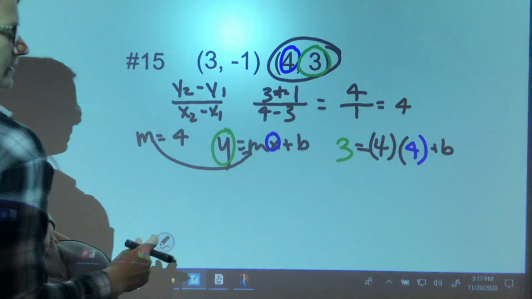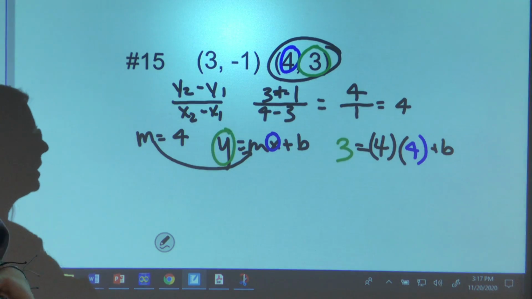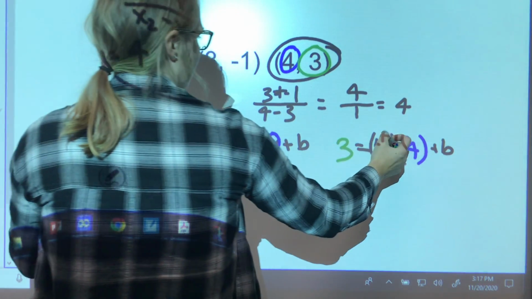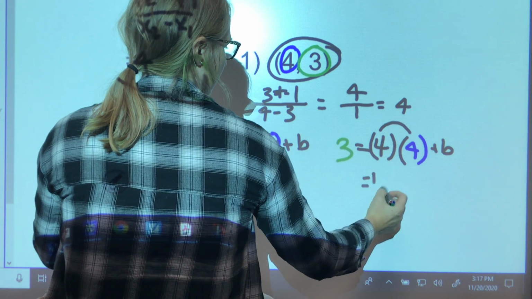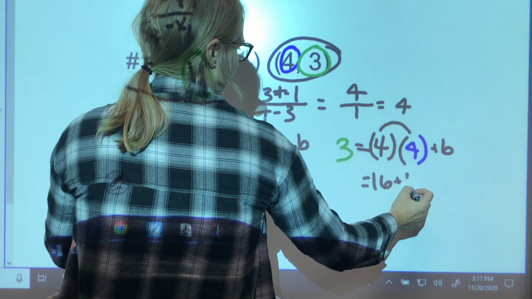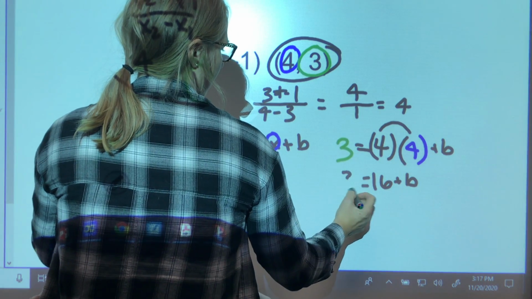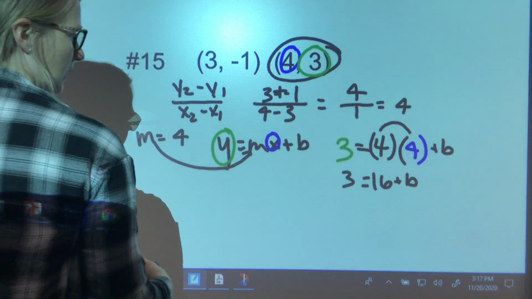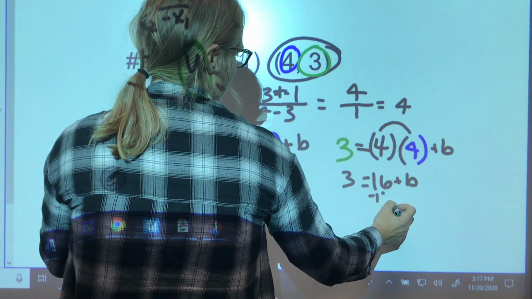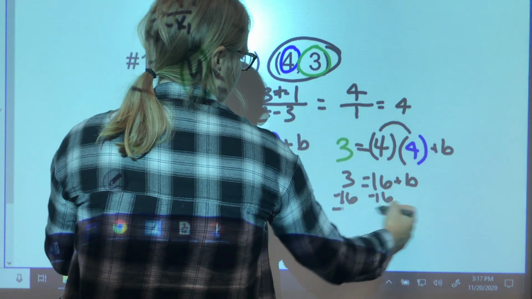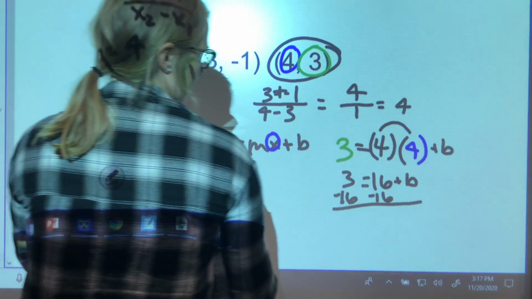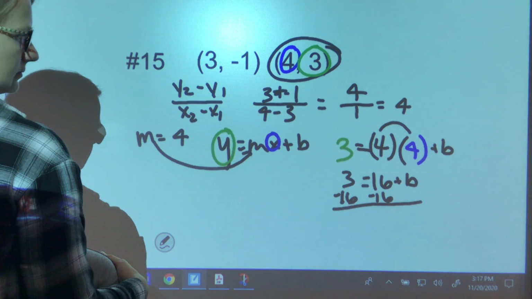So now we simplify this equation to help us solve for b. So I'm going to multiply 4 times 4, which gives me 16, plus b, bring down the 3, and then I have to subtract 16 from both sides. So I get 3 minus 16.